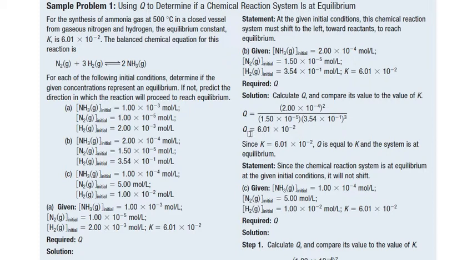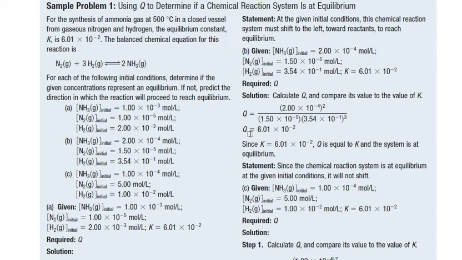The balanced chemical equation for this reaction is N2 plus 3H2 gives 2NH3. For each of the following initial conditions, determine if the given concentrations represent an equilibrium. If not, predict the direction in which the reaction will proceed to reach equilibrium.